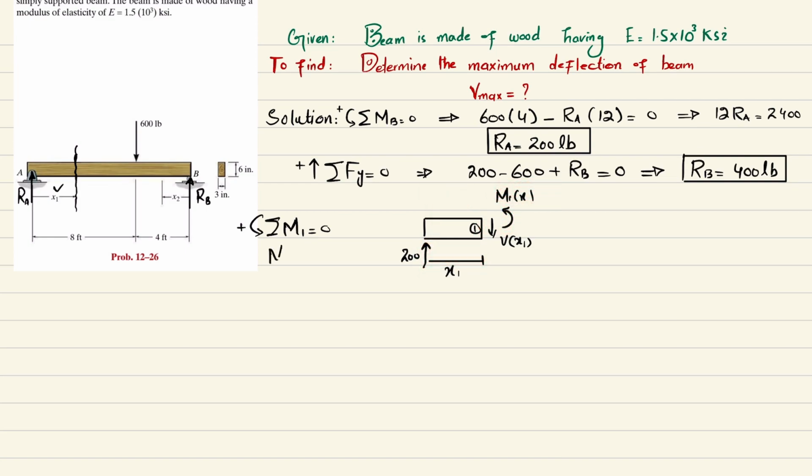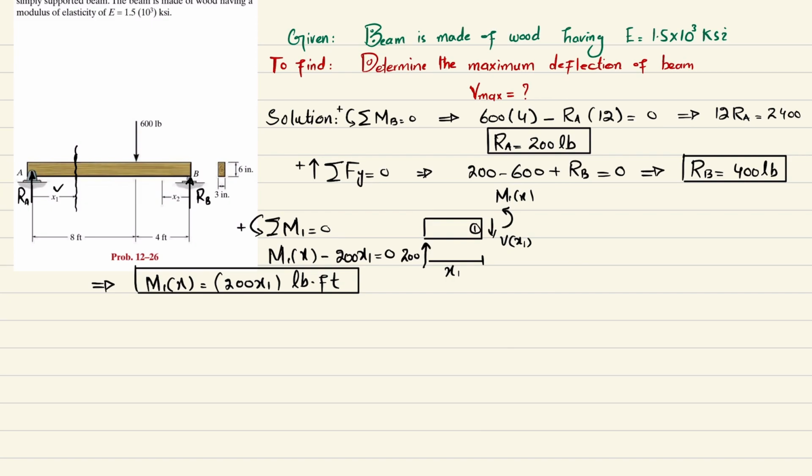So I will write m1 of x minus 200 into x1 is equal to 0. From here you will get m1 of x is equal to 200 into x1, and the unit will be pound into feet. Okay, so this is the moment when you cut the beam along the coordinate x1.